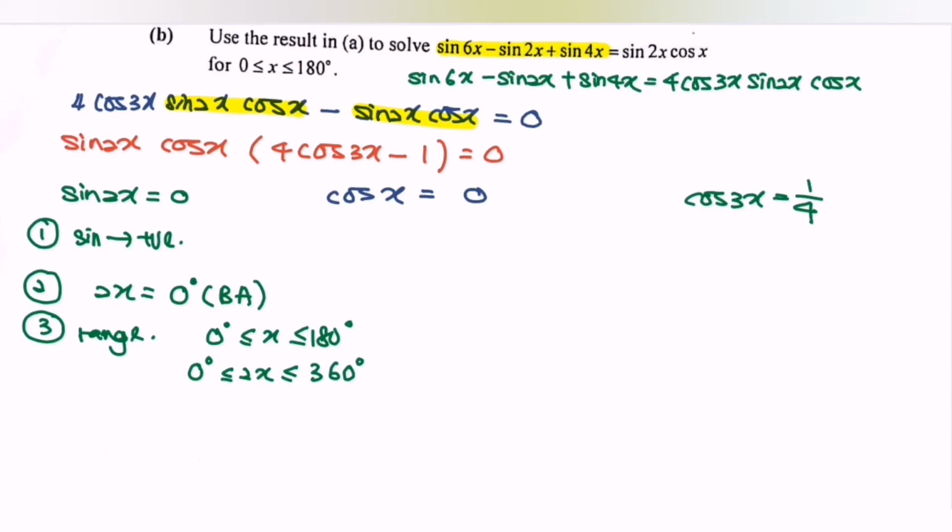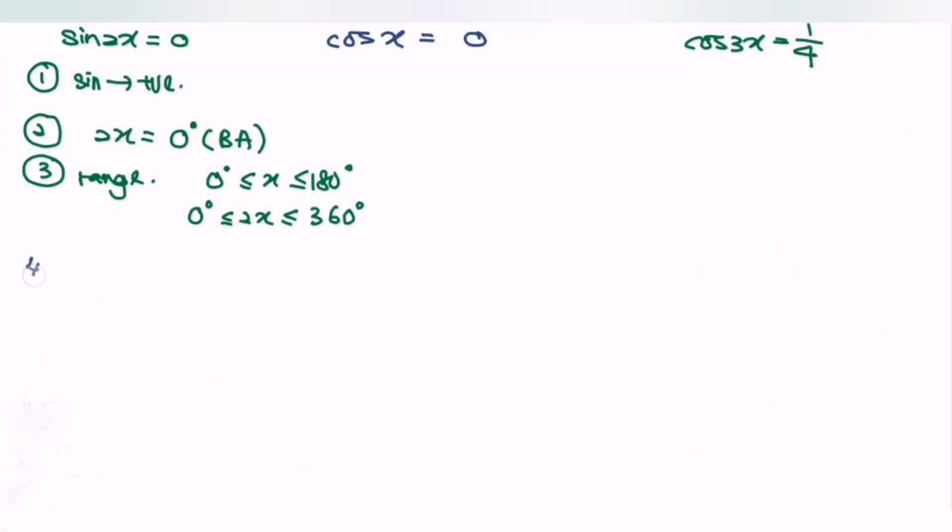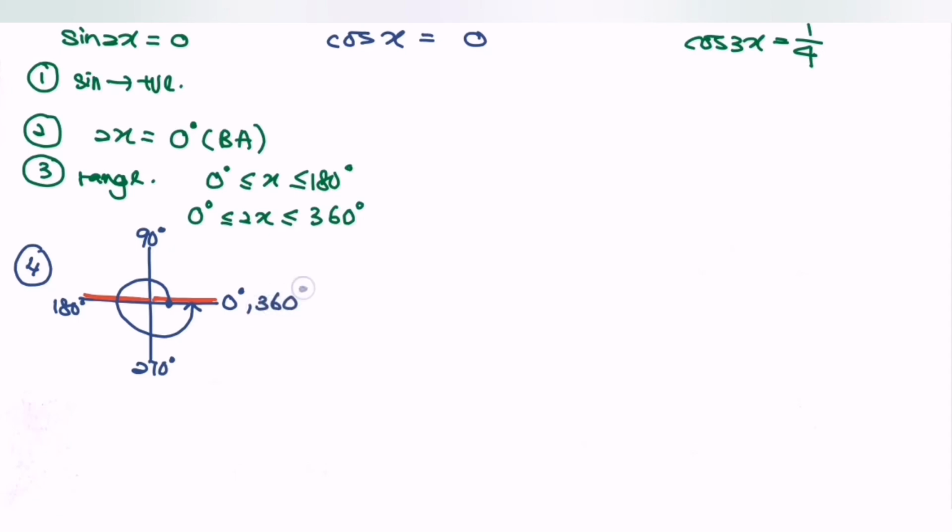Number 4, we must have the rotation. Based on the rotation, we have the first and the second quadrant, and the basic angle is 0. Next is about the rotation. Start from 0, rotate until 360, so we have 0, 90, 180, 270, and finally 360.